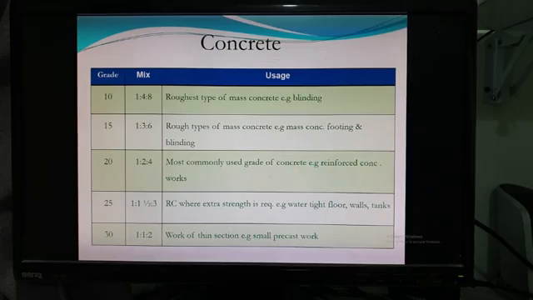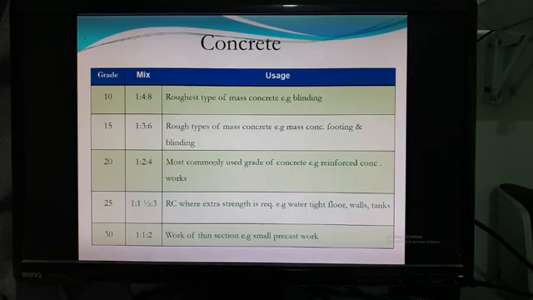It must be really hard, meaning that it is not a problematic type of soil. Then you can use mass concrete for blinding, footing and whatnot, for ground floor. If the soil is problematic, then you have to resort to the use of reinforced concrete also.